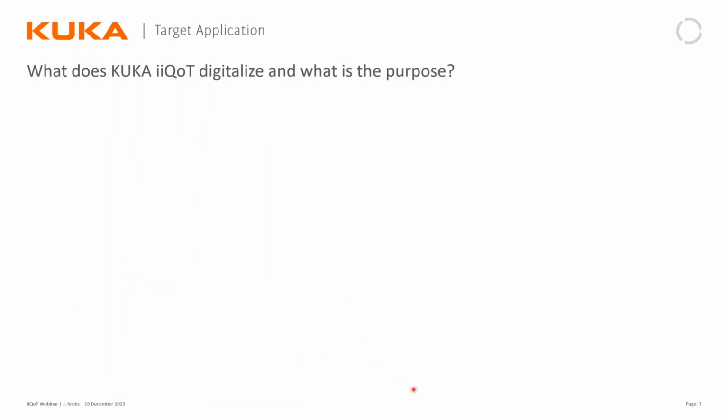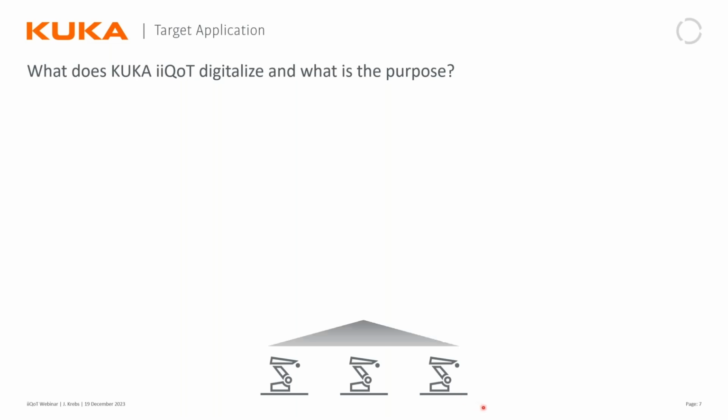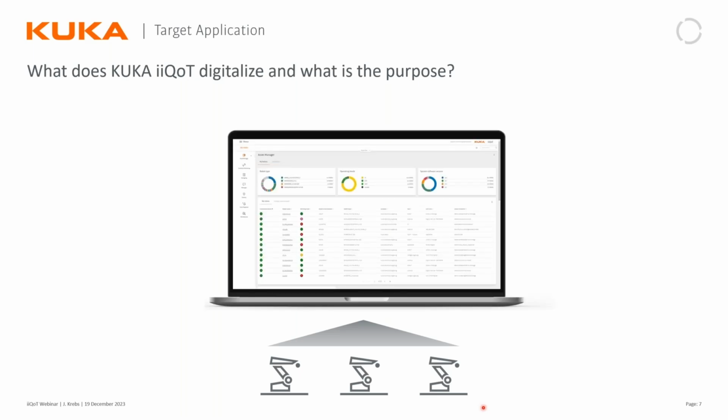So what do we digitalize and what is the purpose for it? As I said earlier, we have robots on the shop floor. Their data will be extracted and visualized, and iiQoT will put a focus on transparency of these assets you have on a shop floor.